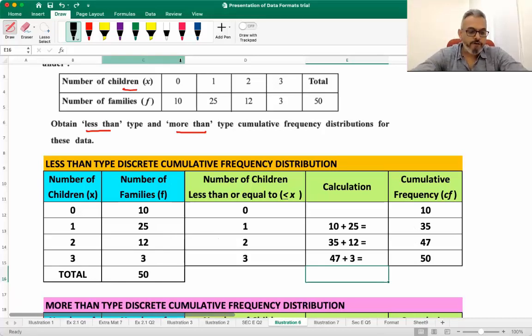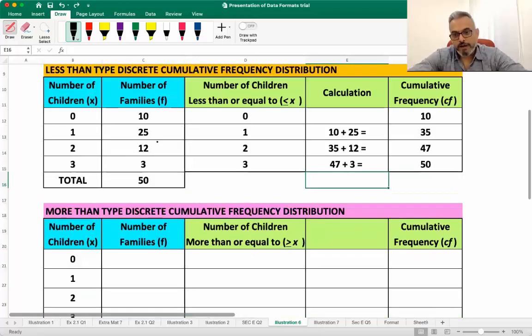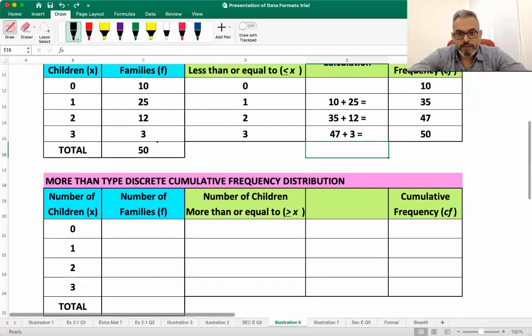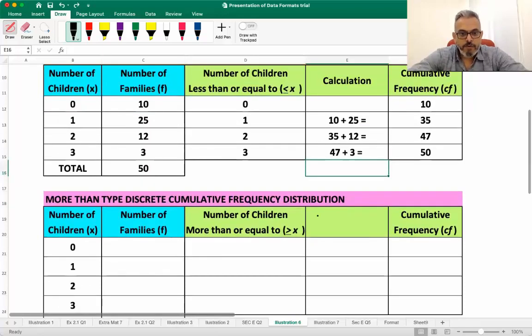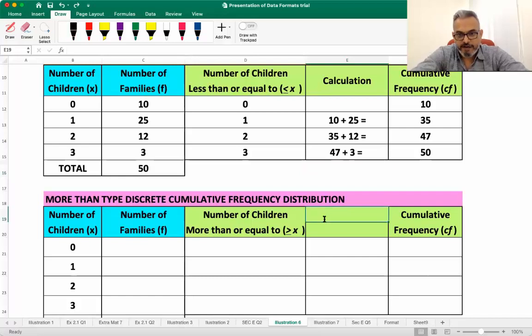Now, we go for more than type. Again, write the heading: more than type cumulative frequency distribution, discrete.